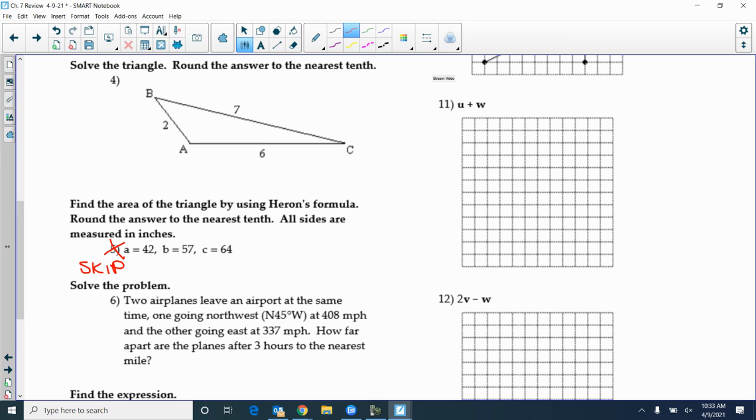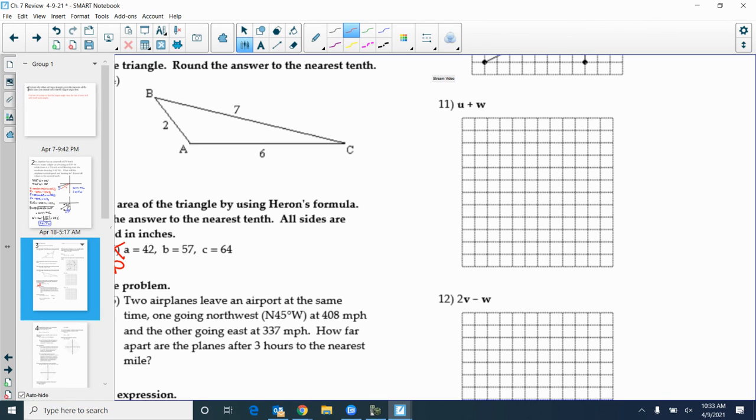I don't even know, is it still technically the reference angle? It'll be south 55.